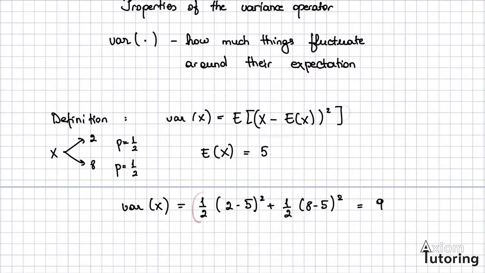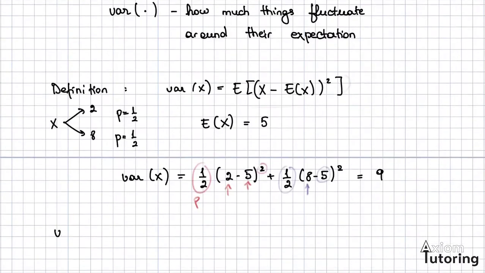So for the first case, with a probability 1/2, we're seeing a number 2 that deviates from the mean 5 by 2 minus 5. And then we're squaring them. Then we're doing exactly the same thing, but with probability 1/2 of me observing the 8 side of the coin, deviation from the mean 5, and then all squared. This variance is basically a measure of the spread.